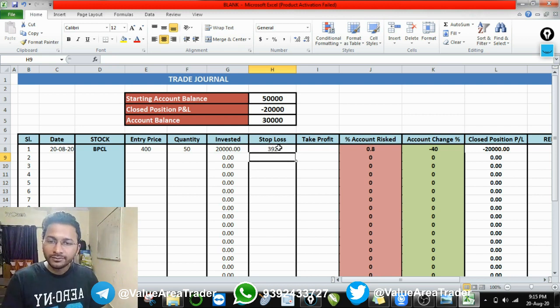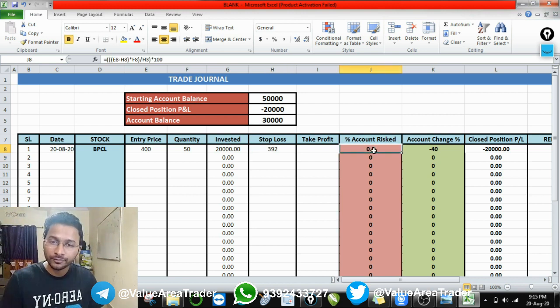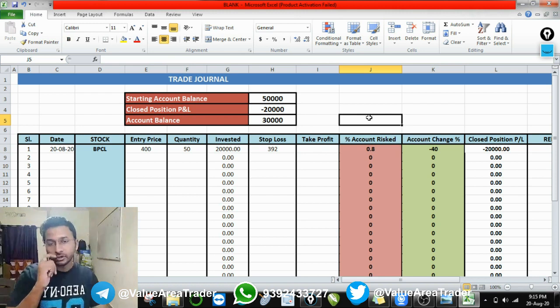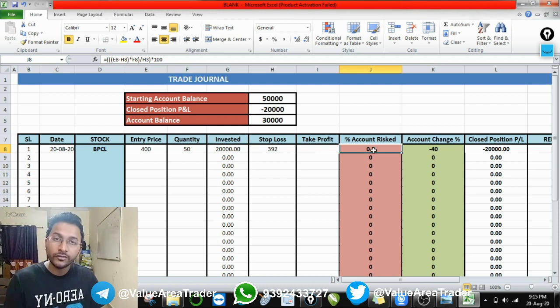When you put that stop loss here, it will automatically show you the percentage of account risked by you, that is 0.8%. That means you are risking around 0.8% of your whole capital for this particular trade. As I have mentioned in the previous videos on risk and risk reward ratio, this column should never show more than 1.